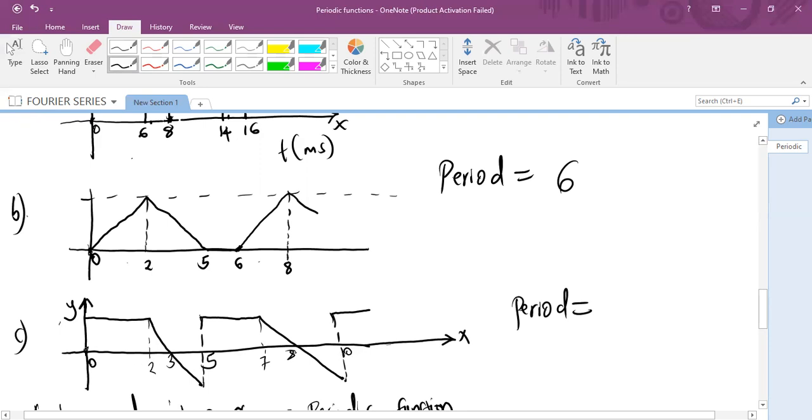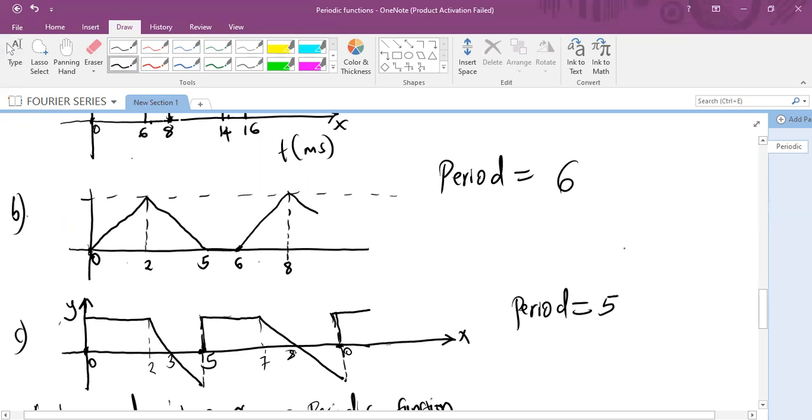So clearly, as you can see, it starts from 0. Then after this, it starts repeating itself again at this position 5 here. It goes up again, then like this, then slants, then at this 10 here, it also starts repeating itself again. So this function is obviously periodic with a period of 5.